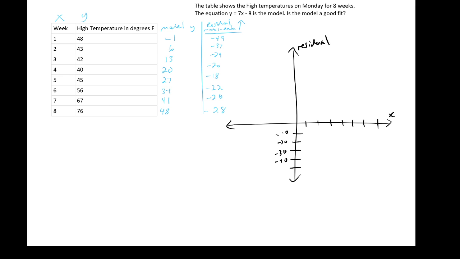And you guys are going to see here, 1 is negative 49, 2 is negative 37, 3 is negative 29, 4 is negative 20, 5 is negative 18, and then we have negative 22 for 6, and then 28, right? So you guys see this upside down U shape? Okay, and this means that it's not a good line of fit. It's not linear.